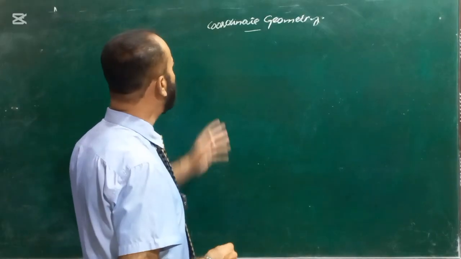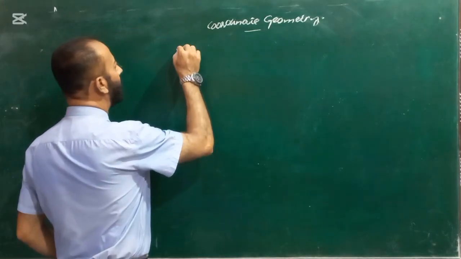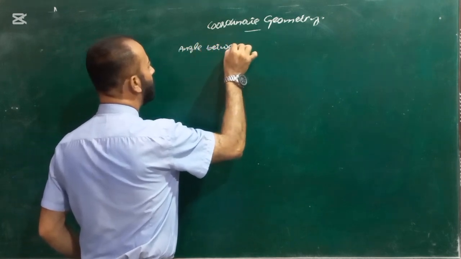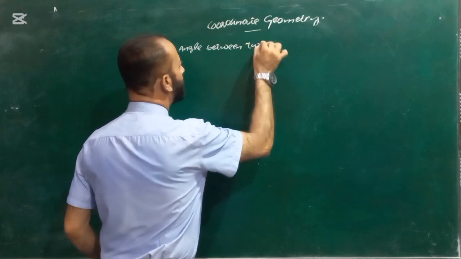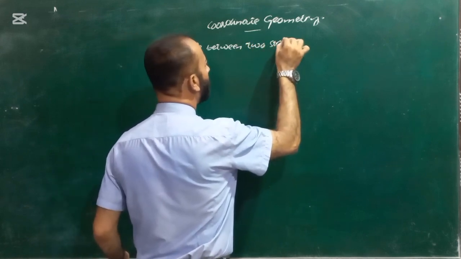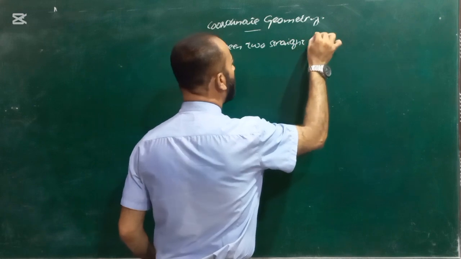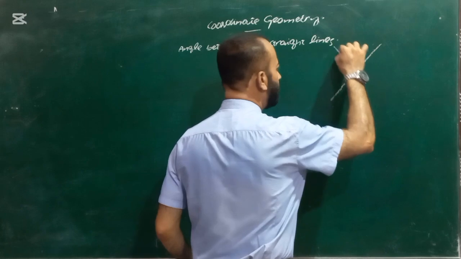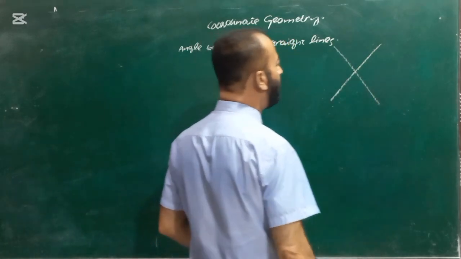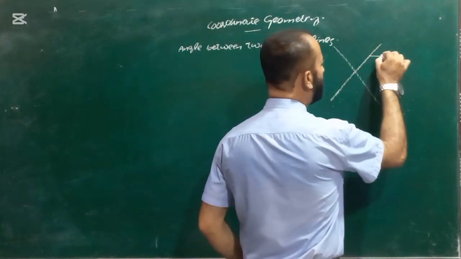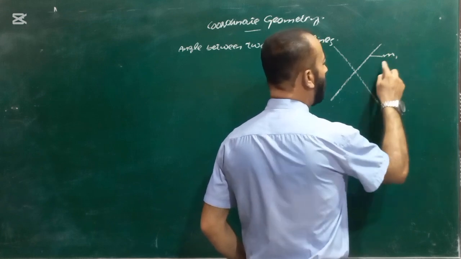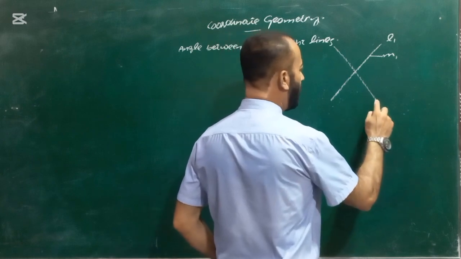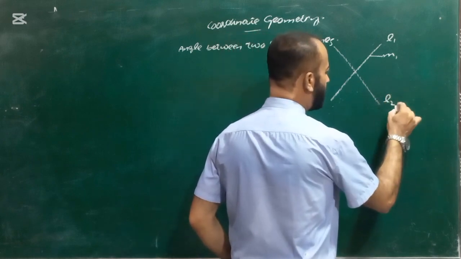Okay, students, the next topic in the coordinate geometry is angle between two straight lines. So if we are given two straight lines and by any way we find the gradient of the two lines, suppose the gradient of a line L1 is M1 and of line L2 is M2.